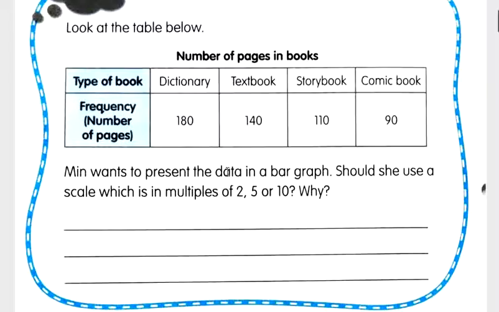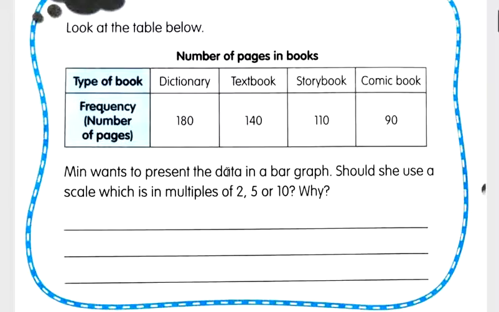Look at the interval of the numbers. The lowest is 90 and the highest is 180. The others are in the tens place, right? Because it is 90, 110, 110, 140, 180.